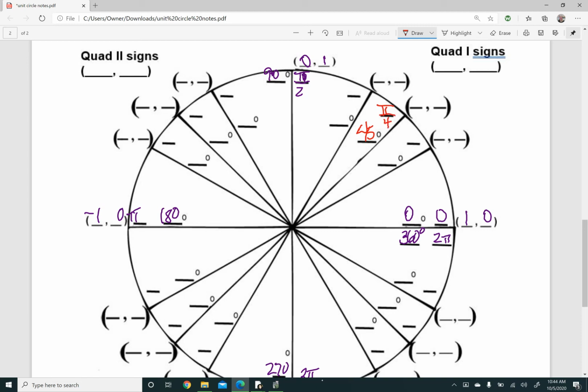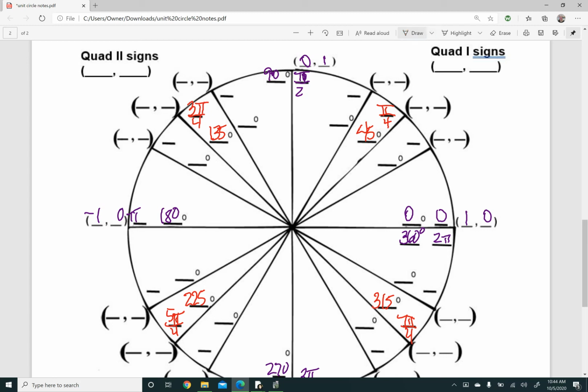So 45 plus 45 is 90, plus 45 is 135 degrees, plus 45 is 180, plus 45 is 225, plus 45 is 270, plus 45 is 315. And remember, we're counting 1/4, 2/4, 3/4, 4/4, 5/4, 6/4, and 7/4. Okay?